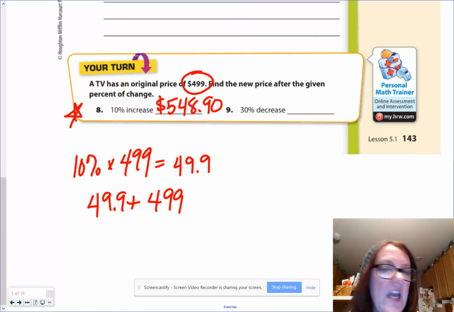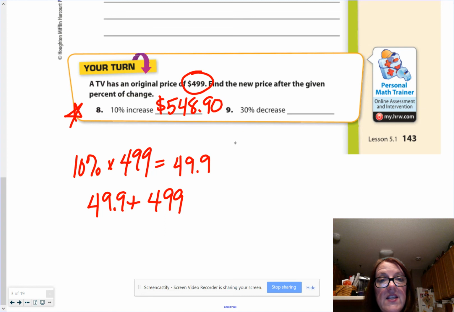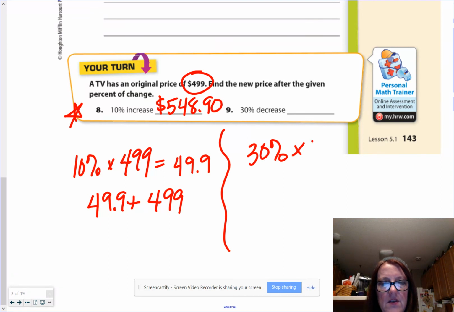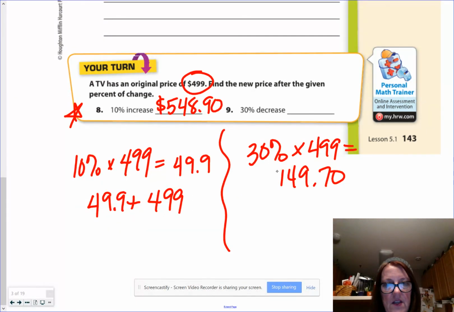$548.90. And then this one, the 30% decrease. Now hold on. Let's do that part first. So take 30% times $499. And that one, let me grab my calculator because I can't do quite all that in my head. All right, 30% times $499 is $149.70.